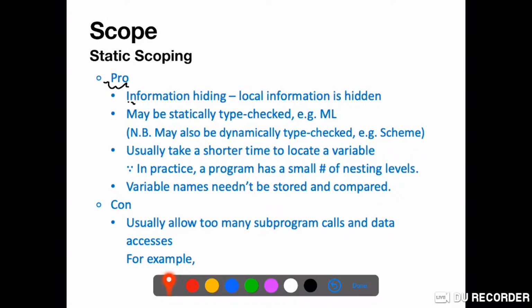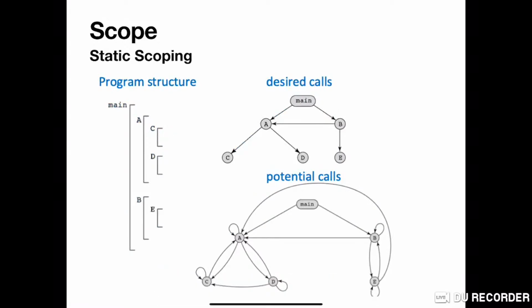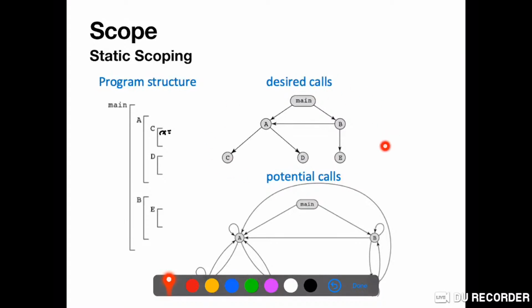Okay, so from here it sounds like static scoping is perfect, but let's look at this example here about what might be the problem of static scoping. So this picture defines the visibility map.